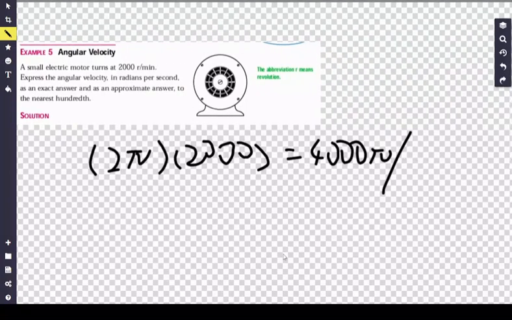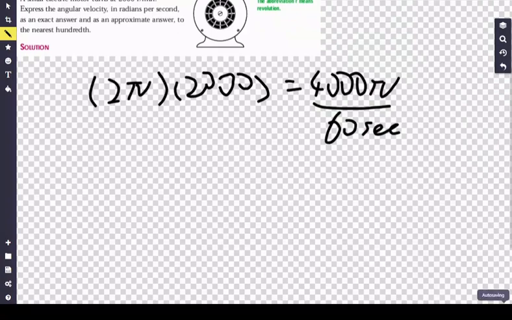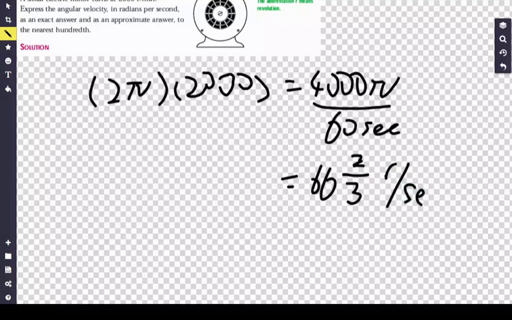So we have to divide. Since this is 4,000 pi per minute, we divide that by 60 seconds to see how many it can do per second. So let's go ahead and calculate. 4,000 divided by 60 gives us 66 and 2 over 3 radians per second.